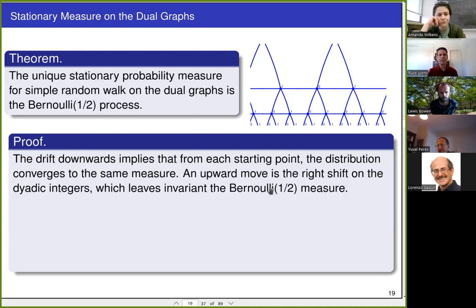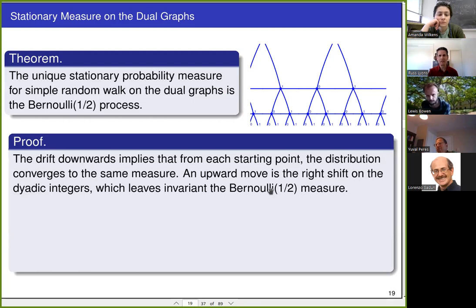Now, why is the limit Bernoulli 1/2? When we move up, remember, the dyadic integers are left infinite. When you move up in this dual graph, that's just getting rid of that rightmost digit. That's the right shift.